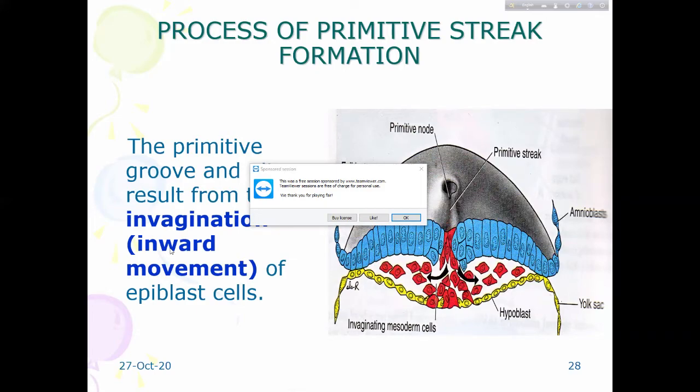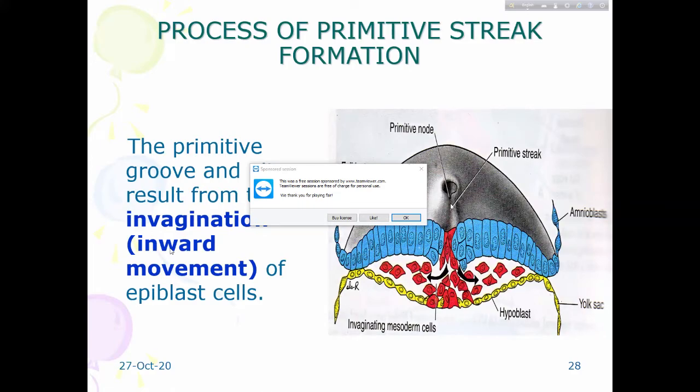So what happens? Look here, this is a cross-sectional view of the caudal end of the embryonic disc near the primitive streak. This is our primitive streak, and this is our primitive node. Why does this primitive groove appear here?